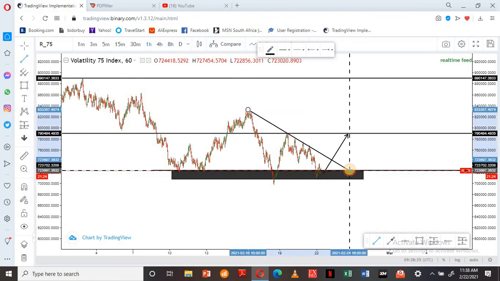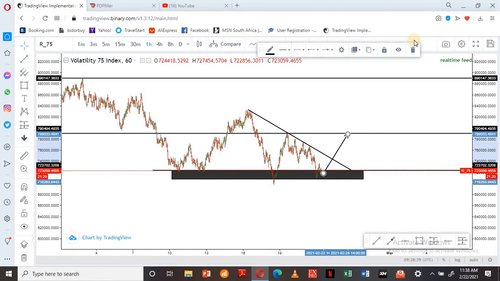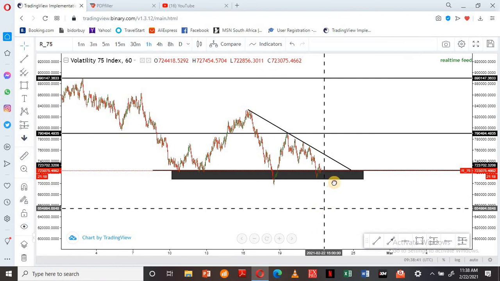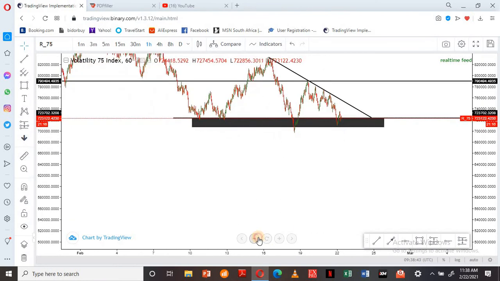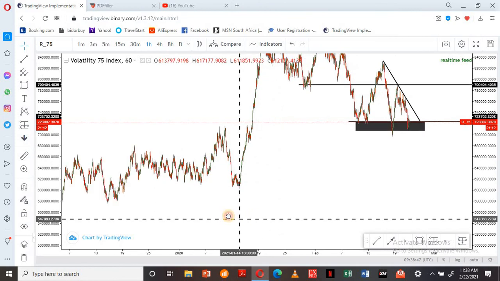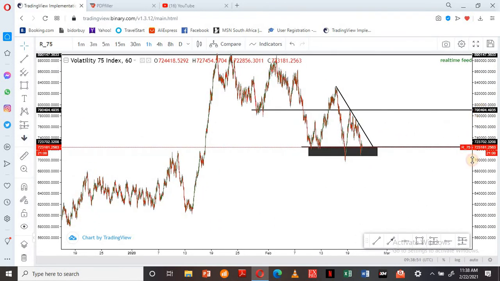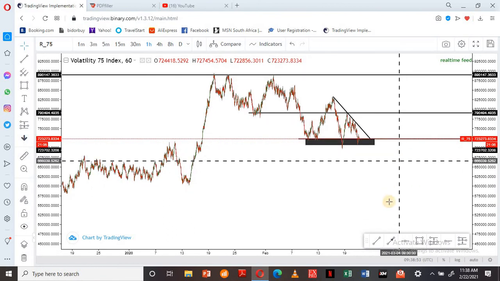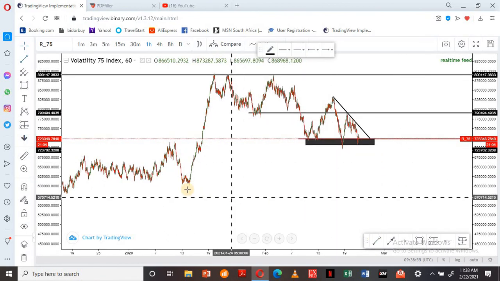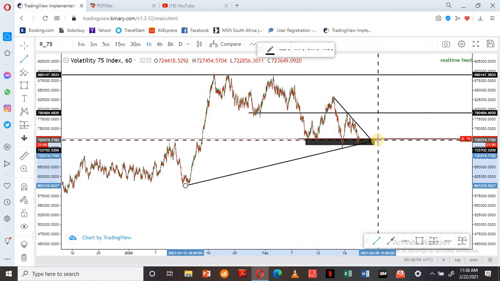Let me get rid of this one. Now let's zoom out. To be precise, we are still having the very same thing that we had on the higher time frames.